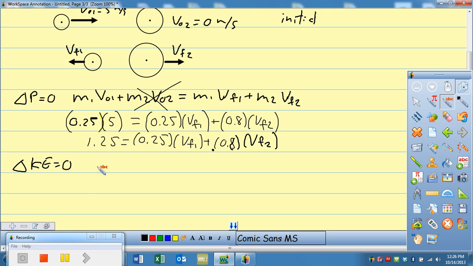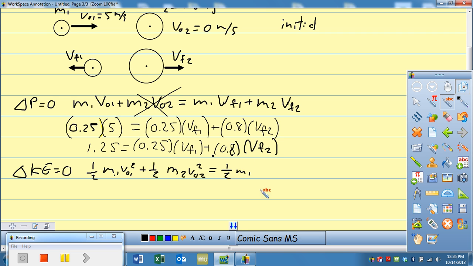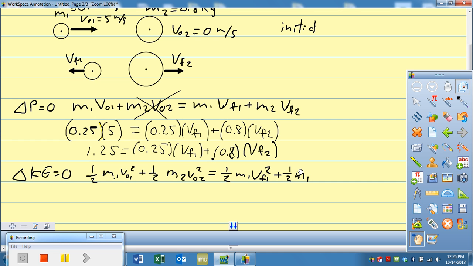That's 1/2 m1v squared plus 1/2 m2v squared, and we'll call that V0,1 and V0,2, has to equal 1/2 m1 the final 1 squared plus 1/2 m2 the final 2 squared. So let's see what we have here.